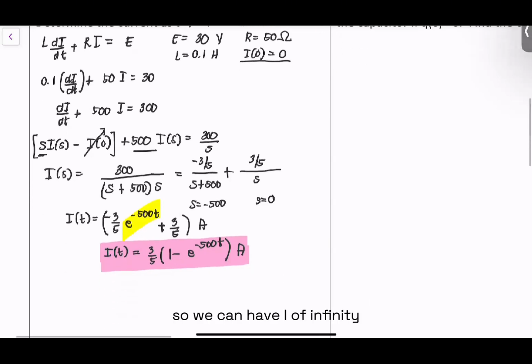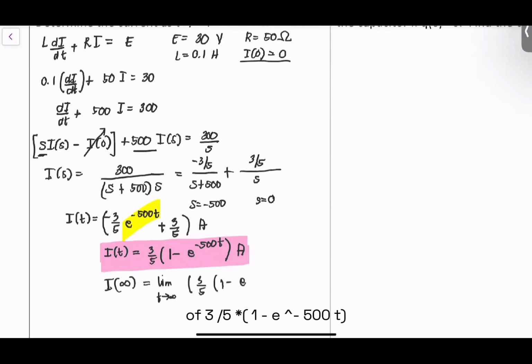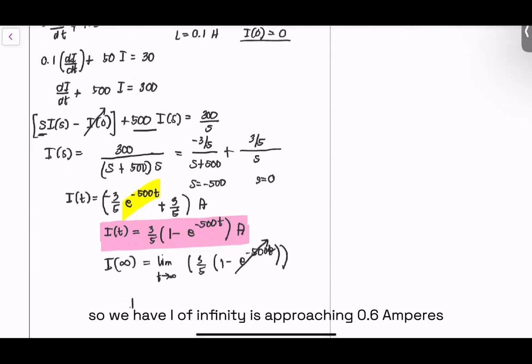So I of infinity is the limit as t approaches infinity of 3 over 5 times 1 minus e to the negative 500t, for which the exponential approaches 0. So I of infinity approaches 0.6 amperes.